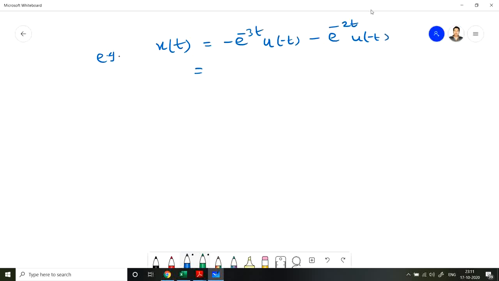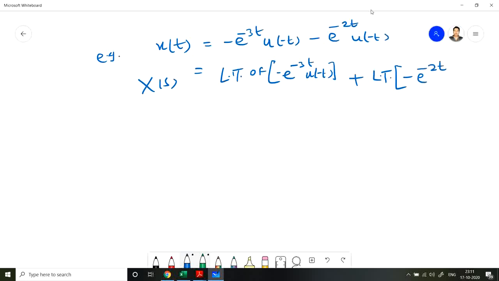So let us find out the Laplace transform. So X(s) is the Laplace transform of minus e raised to the power minus 3t into u of minus t plus the Laplace transform of minus e raised to the power minus 2t u of minus t.